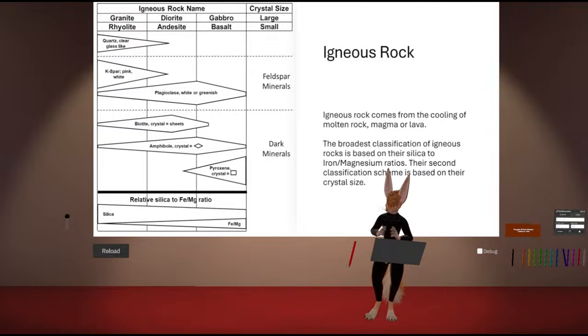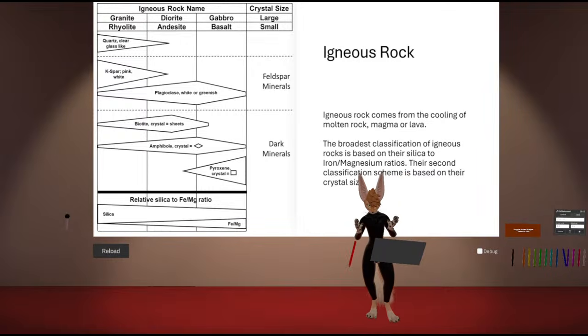Porphyries have both big and small crystals. They initially cooled slowly, the big crystal phase, and then quickly, the small crystal phase. Obsidian is just volcanic glass, no crystal formation.